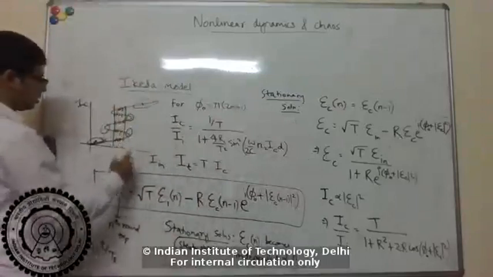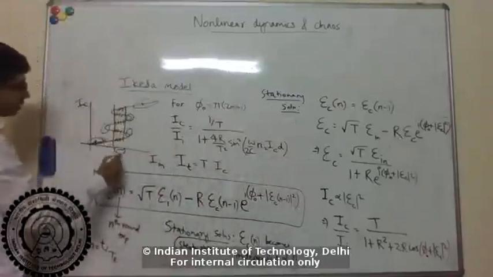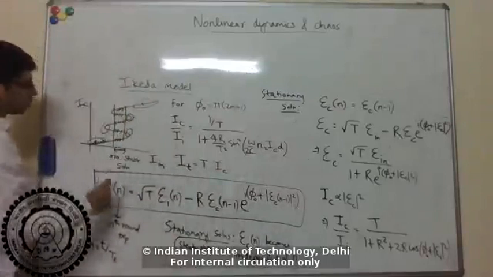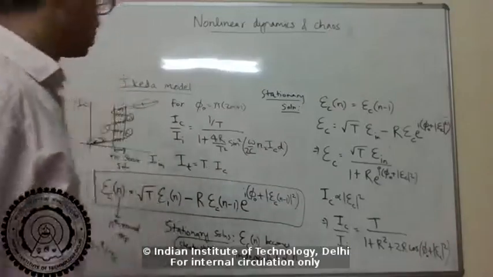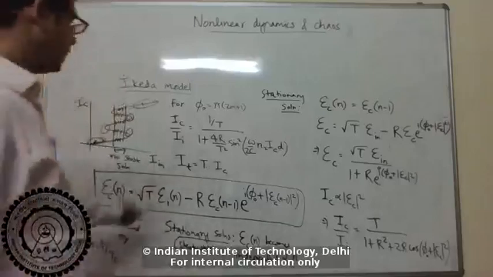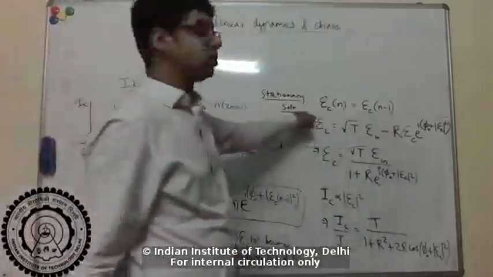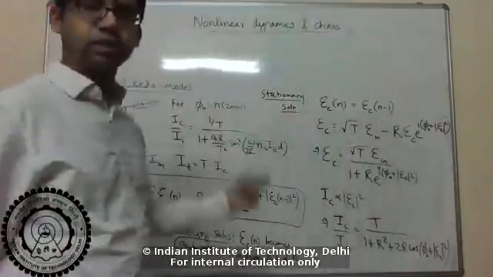Okay, so there is some range for I in where there is no stable solution. All the solutions are unstable. So in that case, basically you never get to this stationary state, and after each round trip, the field keeps changing.